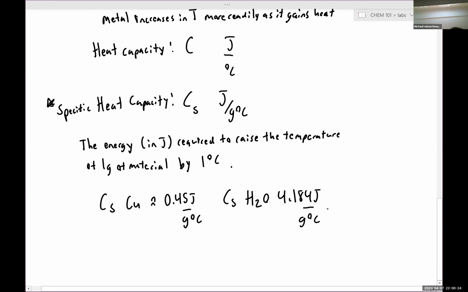And the key thing I want you to take away from all this is that a large specific heat implies a large amount of heat is needed to raise the temperature of an object.